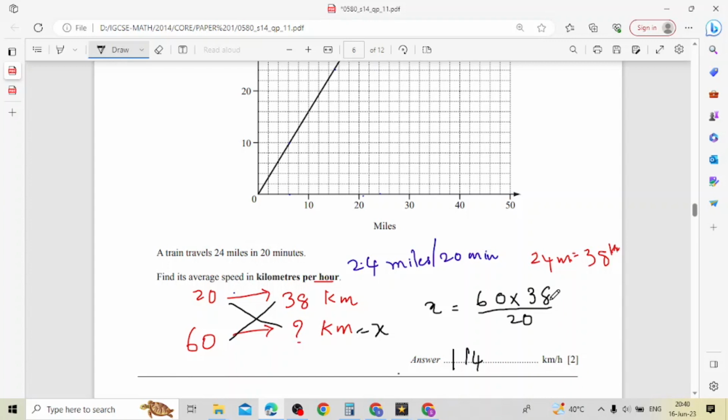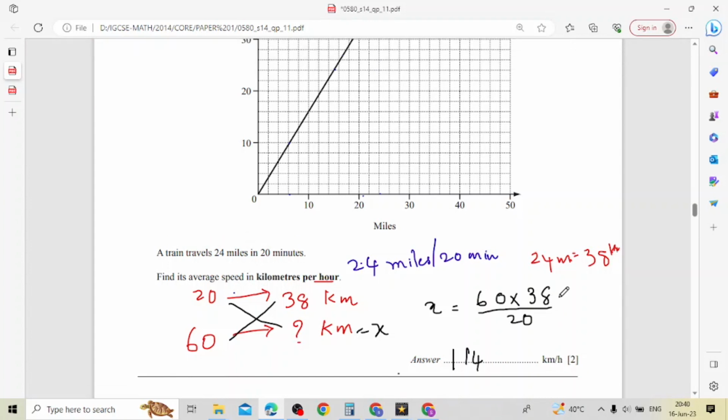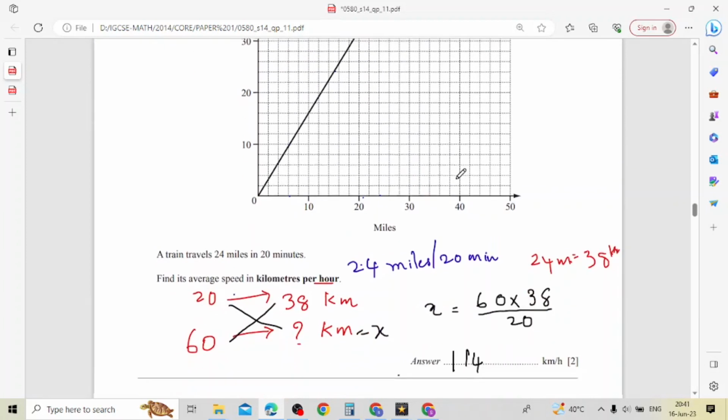Hope this is clear to you. What we did first of all, what is given in miles per minutes is as it is, and I converted the miles to kilometers from this graph.